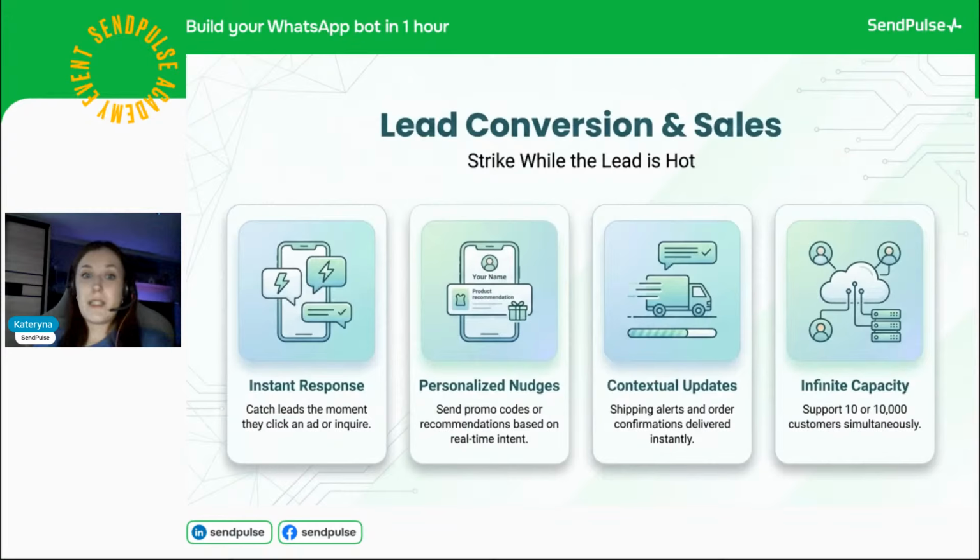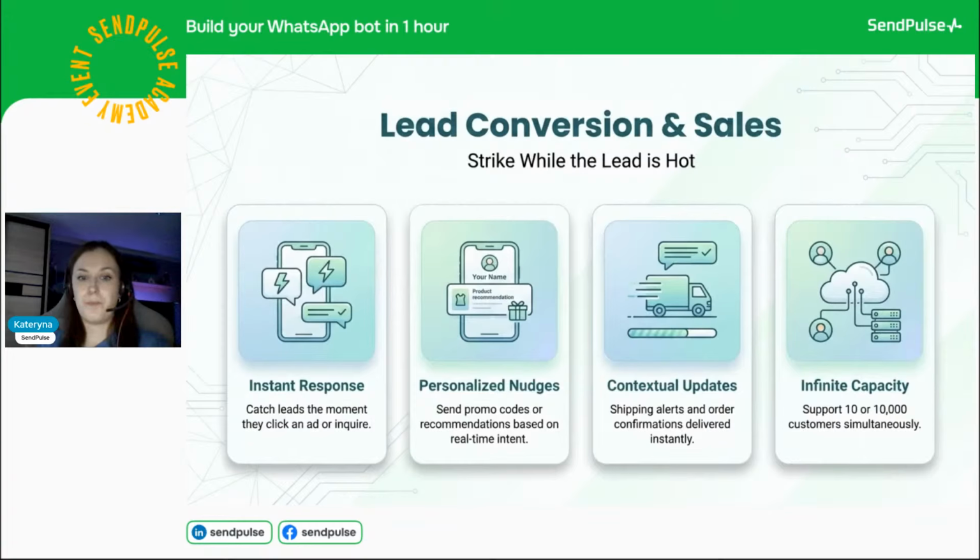Lead conversion and sales, of course. Strike while the lead is hot. It will help you respond instantly, catching leads when they inquire about something or ask questions. So it will be done faster. Also, it will help you send promo codes or recommendations based on real-time intent.